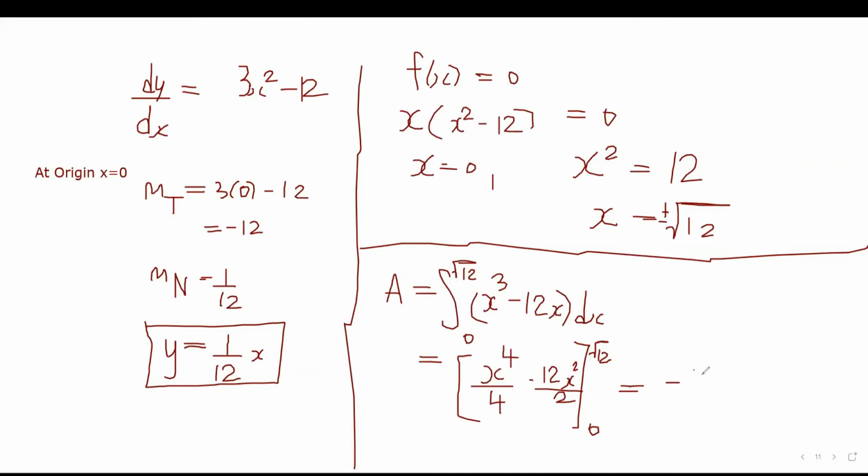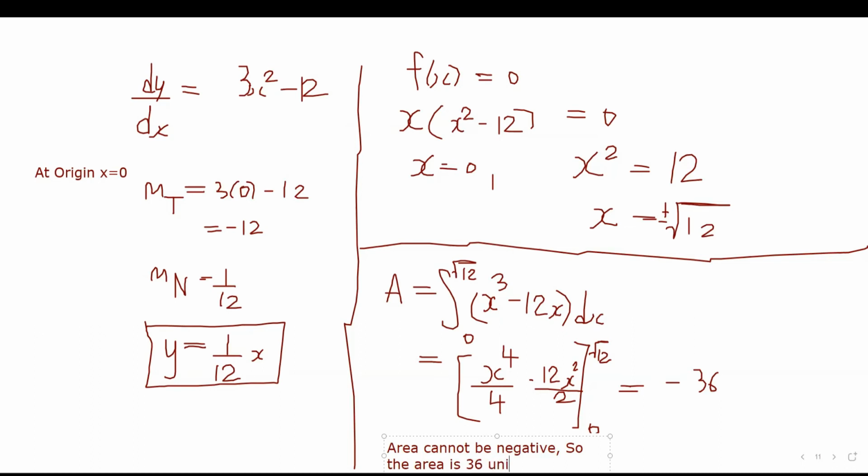This is negative 36. But Marika, area cannot be negative. And so the area is 36 units squared.